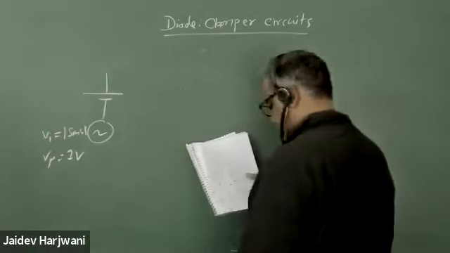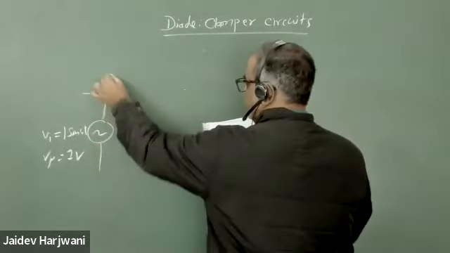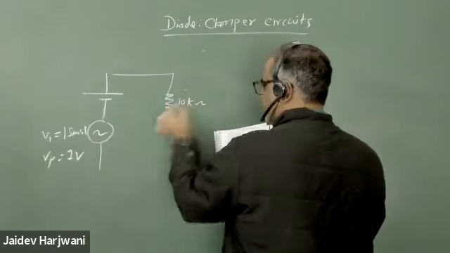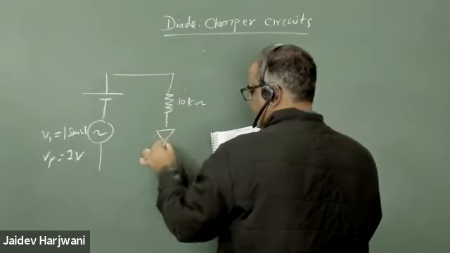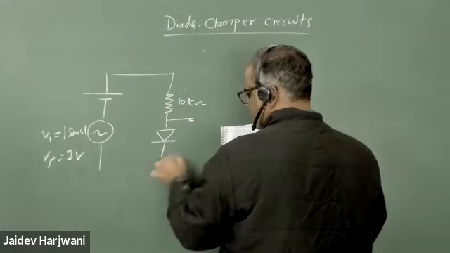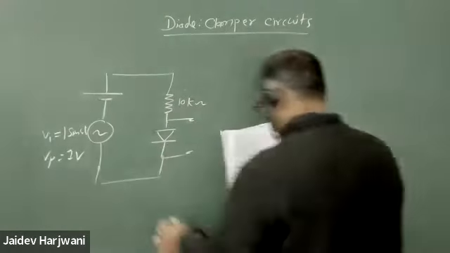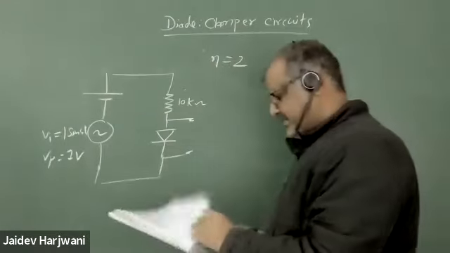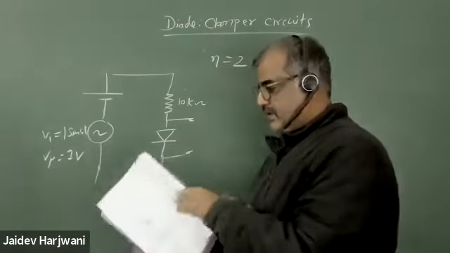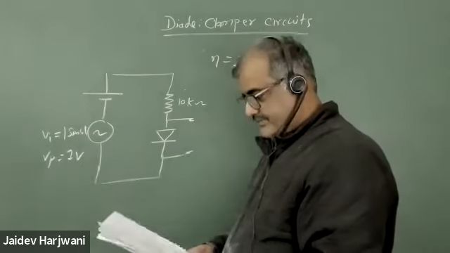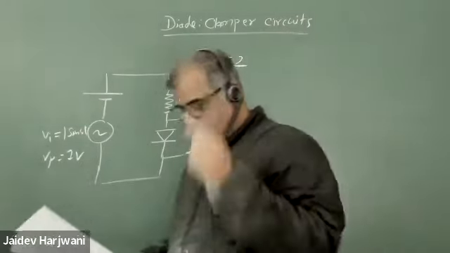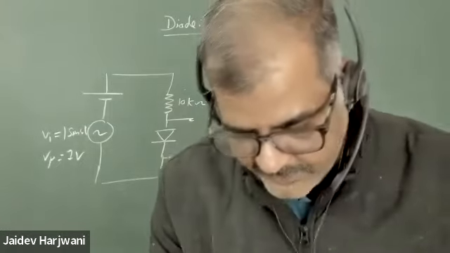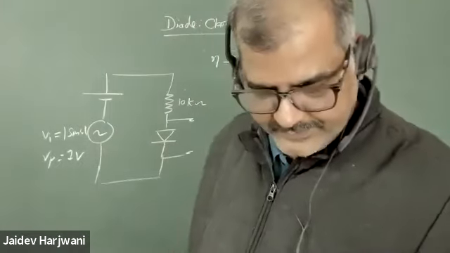You have been given a resistance of 10 kilo ohm, and then a diode. The eta value for the diode is given as 2 this time, and they're asking to calculate the AC amplitude across the diode.